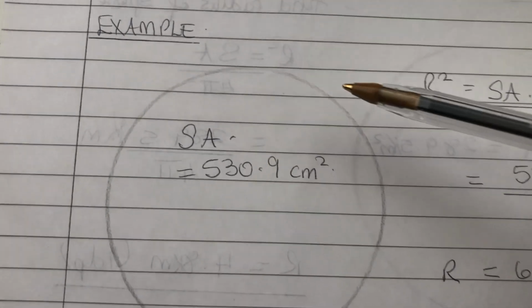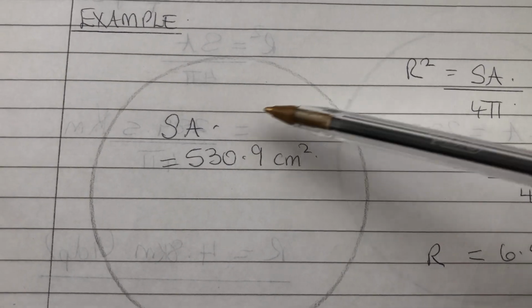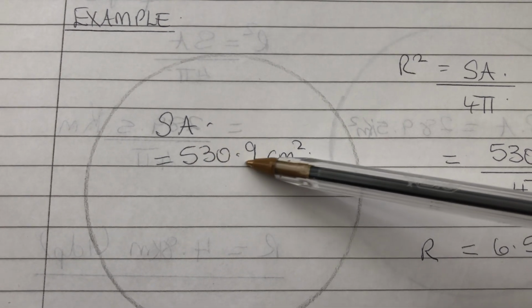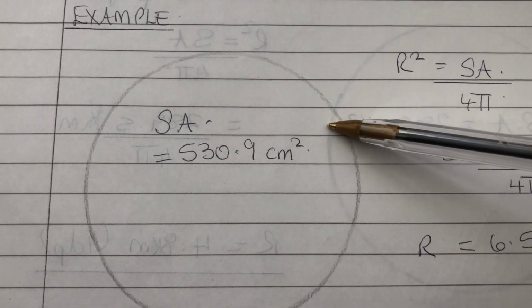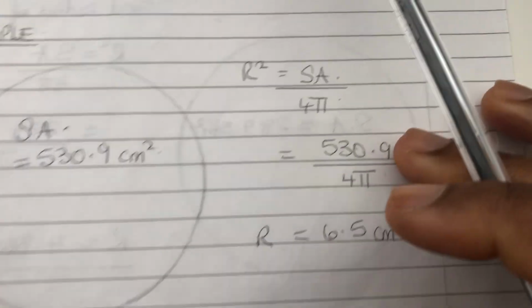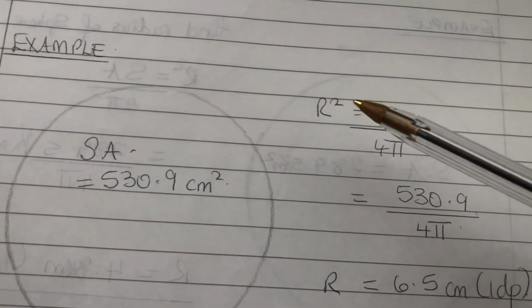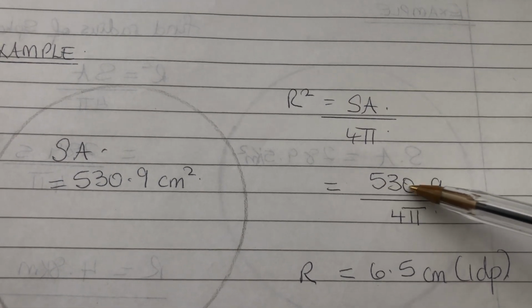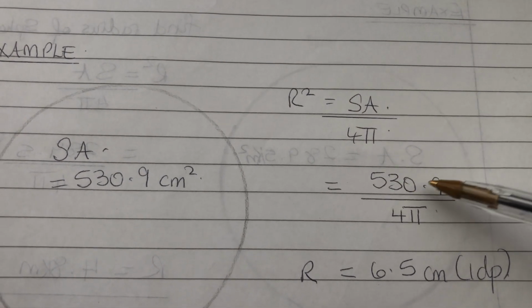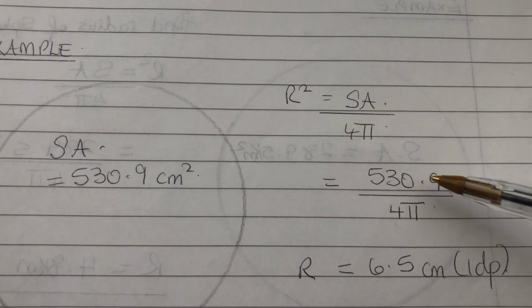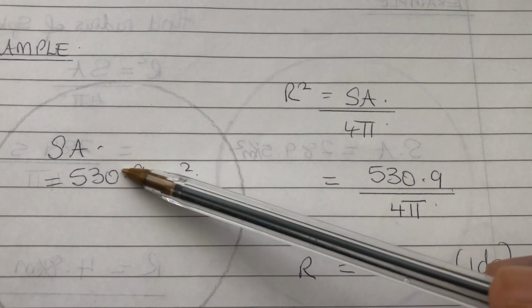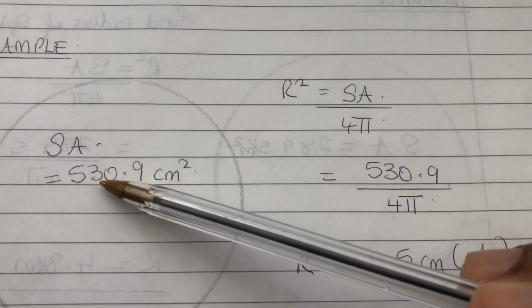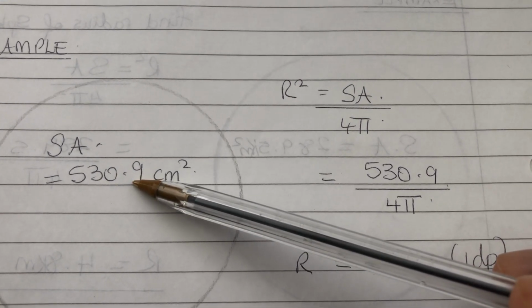Again, another example, surface area 530.9 centimeters squared. Okay, so r squared will be equal to 530.9 centimeters squared, not 5.30, please.